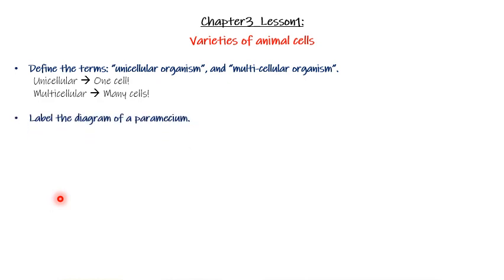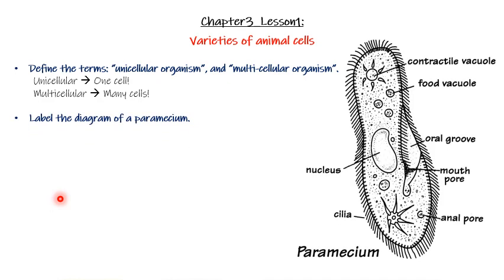And look at the paramecium, which is a unicellular organism. It has a cell membrane here. This is the cell membrane. Inside it has a cytoplasm, it has the nucleus, the cilia, the anal pore, the oral groove, and the food vacuole. These are the organelles found inside the paramecium, as we mentioned before.